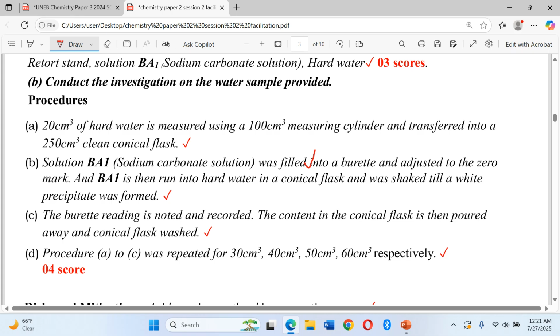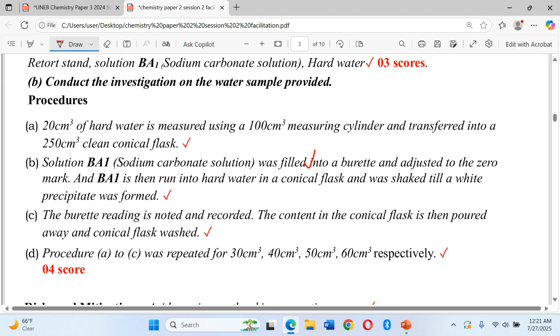Now the burette reading is noted and recorded. So when it changes to white precipitate, you recall we first used 20 cubic centimeters of hard water. You have your hard water in maybe a big beaker, so you keep on removing some.